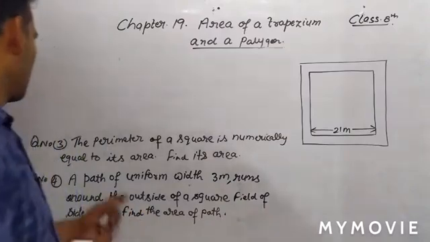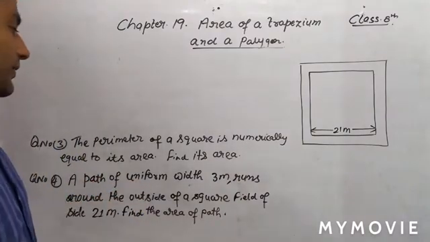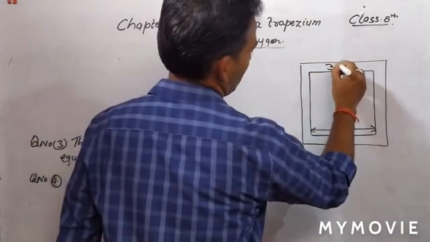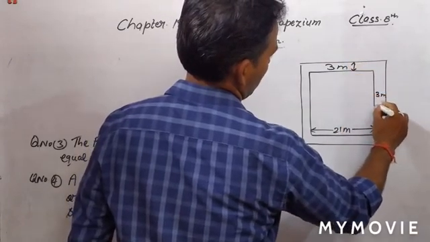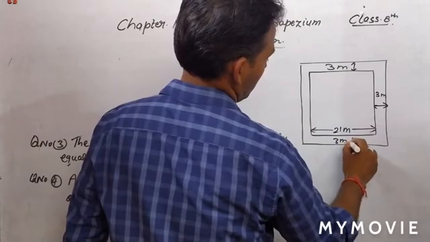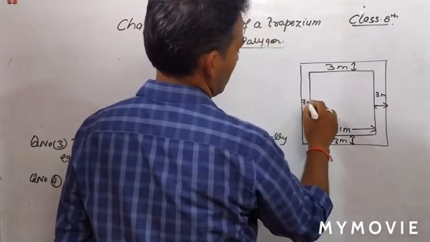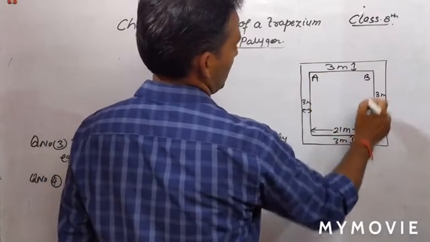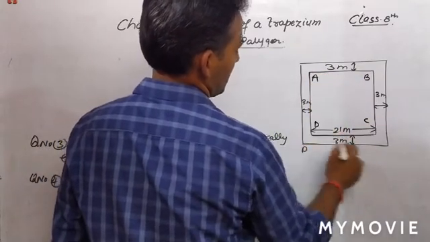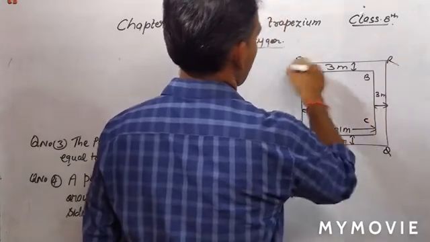A path of uniform width 3 meter. So this is 3 meter, 3 meter, 3 meter, and of course 3 meter, running all around. This is A, B, C, D we can write. This one we can write P, Q, R, S.